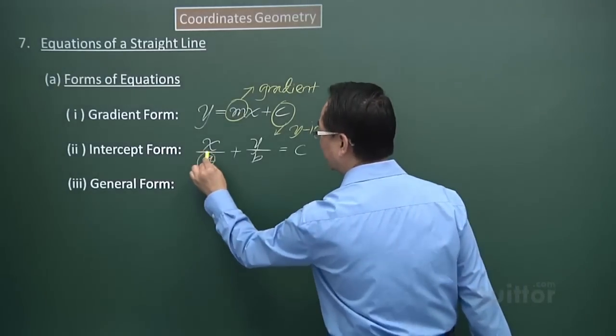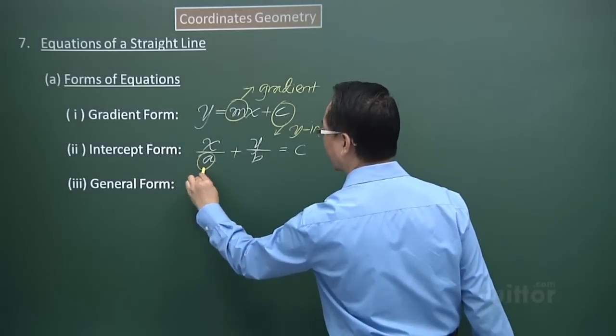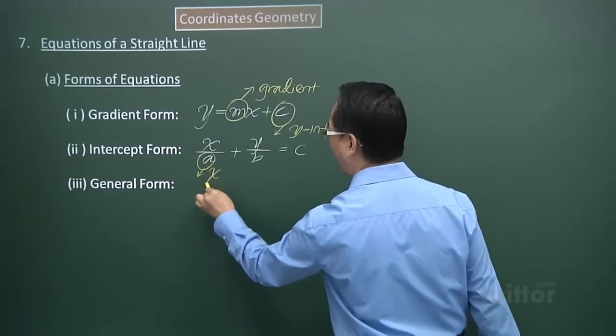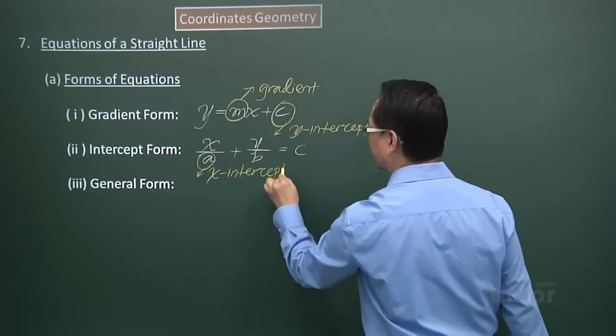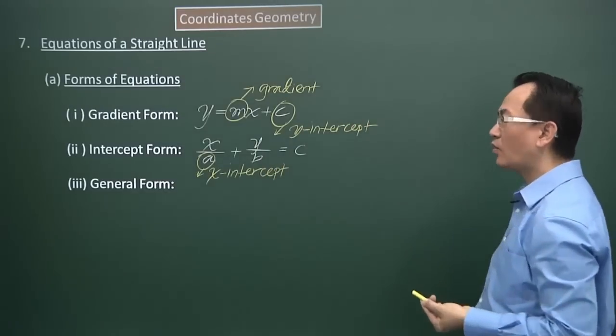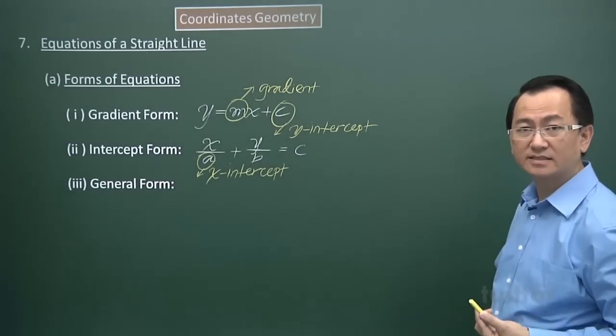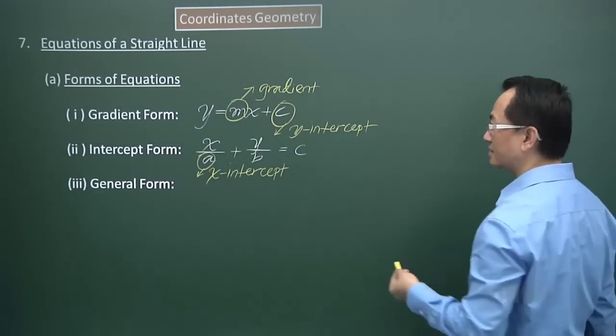The a here is basically the x-intercept, that is where the line cuts the x-axis.